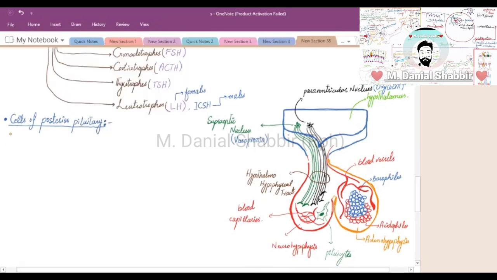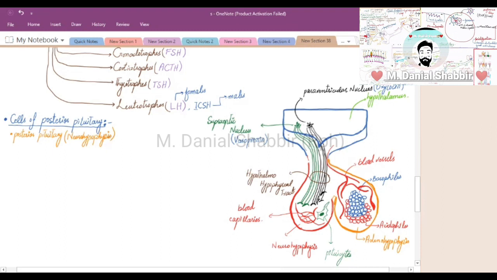Cells of the posterior pituitary, or we can say the neurohypophysis.